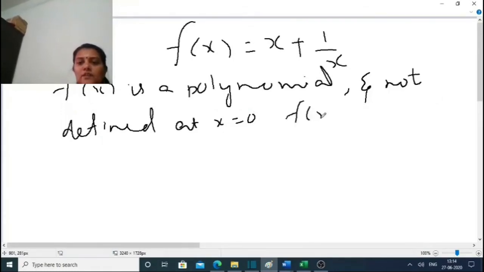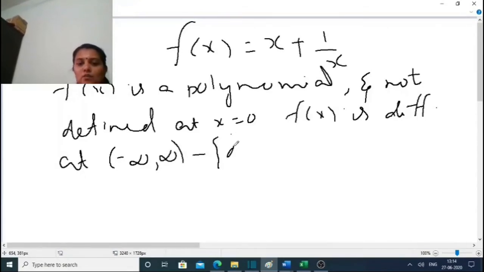This f of x is differentiable on minus infinity to infinity except at 0.